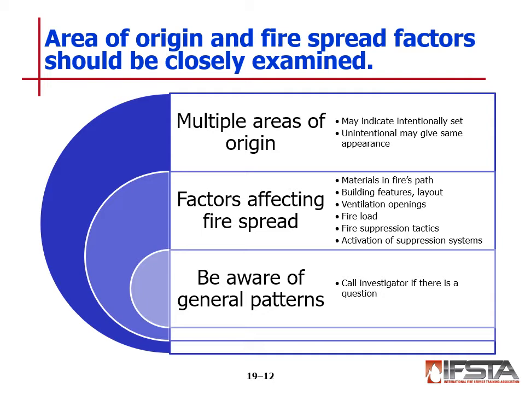And then just be aware of general patterns within the structure that just don't look right. Maybe they don't match what you saw on the outside or match what the owner or the occupant said was going on. If there's a question, call an investigator.